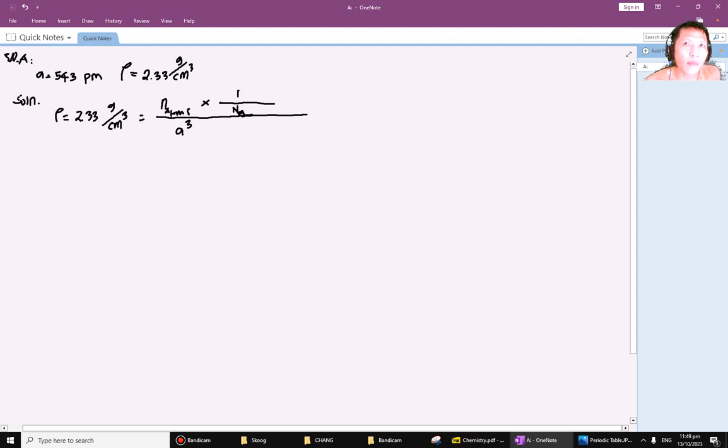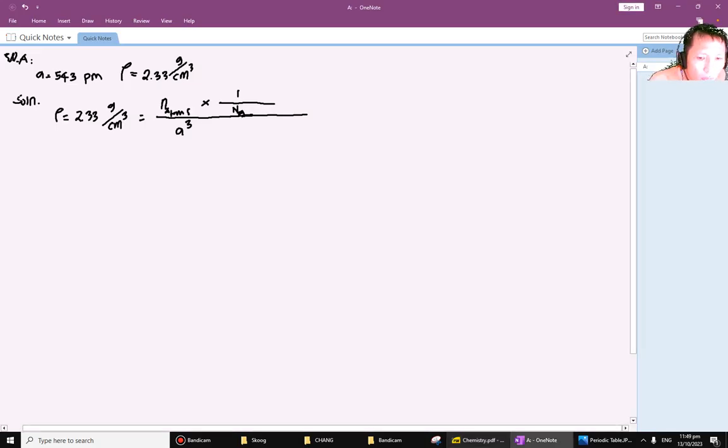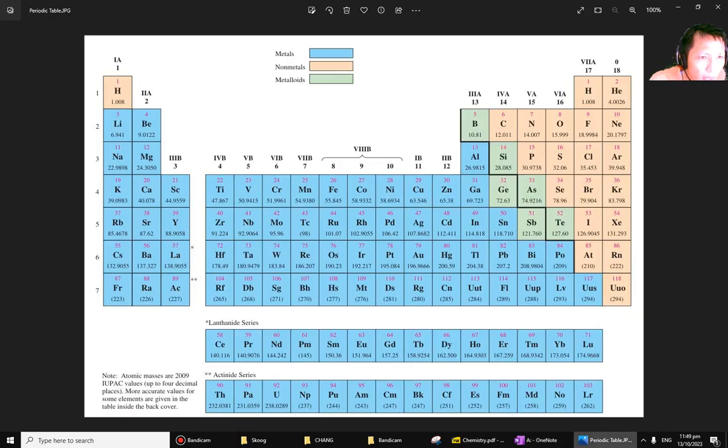And then from Avogadro's number, atoms per mole, and then since the element is given, which is actually silicon, you have to find silicon in the periodic table. Silicon, you have here 28.085.